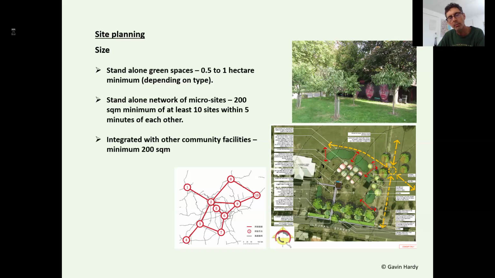Conceptually, that's the diagram at the bottom centre of the screen: 200 square metre minimum of at least 10 sites within 5 minutes of each other. 5 minutes walking distance, I would say, maybe cycling. And if you integrate them with other community facilities like a library, we're talking about a minimum of 200 square metres, that's a real minimum size. That's 10 metres by 20 metres.